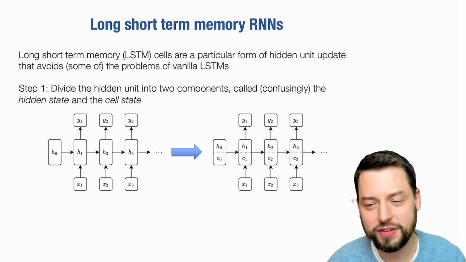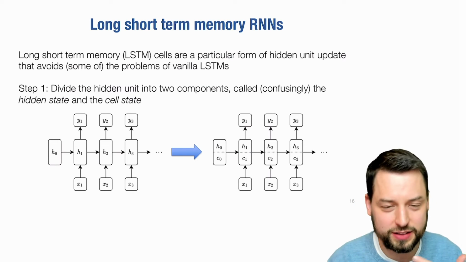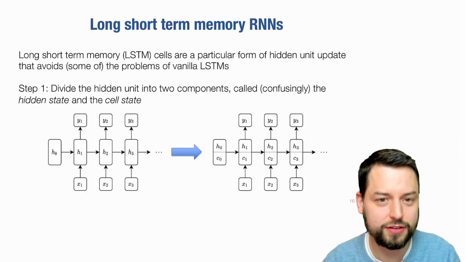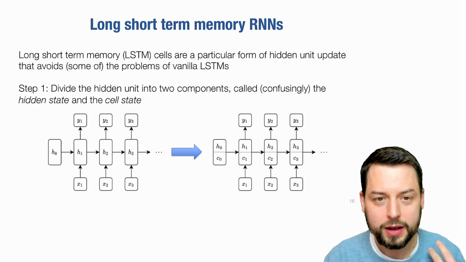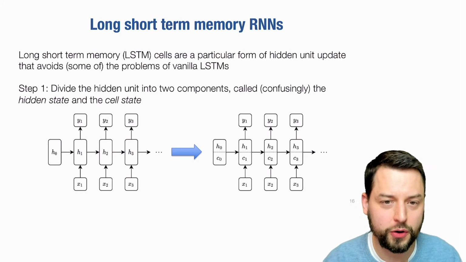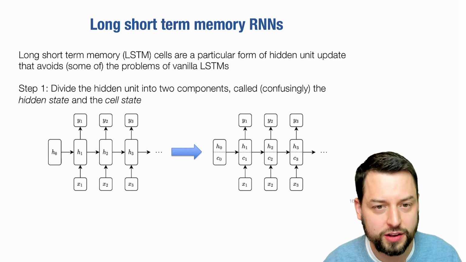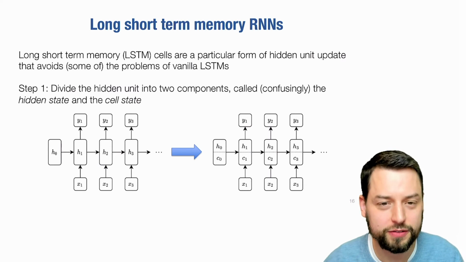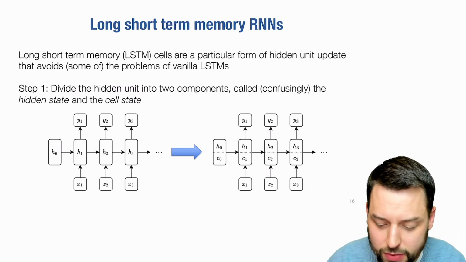LSTMs are often given outsized importance, but they are, to be clear, very historically important in the evolution of recurrent networks. They were one of the first recurrent networks that really started to deal head-on with the problem of vanishing gradients.